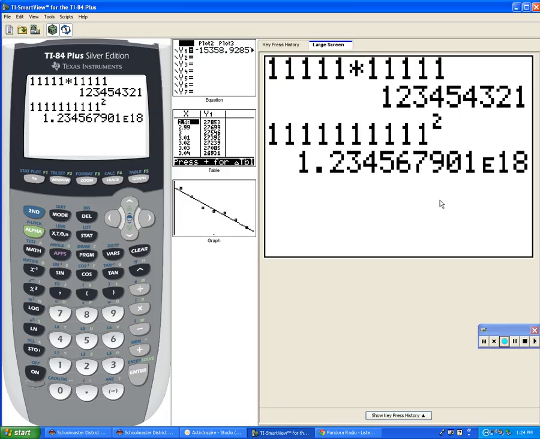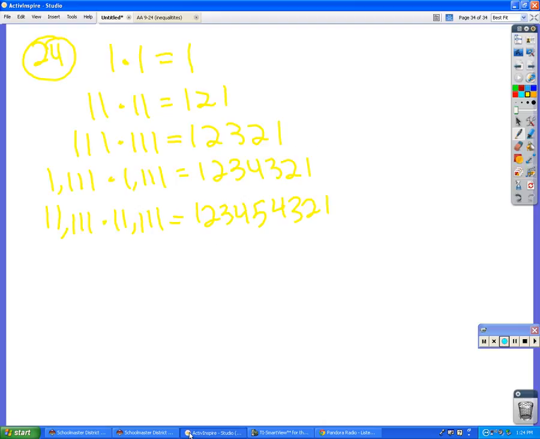Okay? So what would be the conjecture for the 6th line? The conjecture for the 6th line, 6 ones times 6 ones, would be 1, 2, 3, 4, 5, 6, 5, 4, 3, 2, 1.